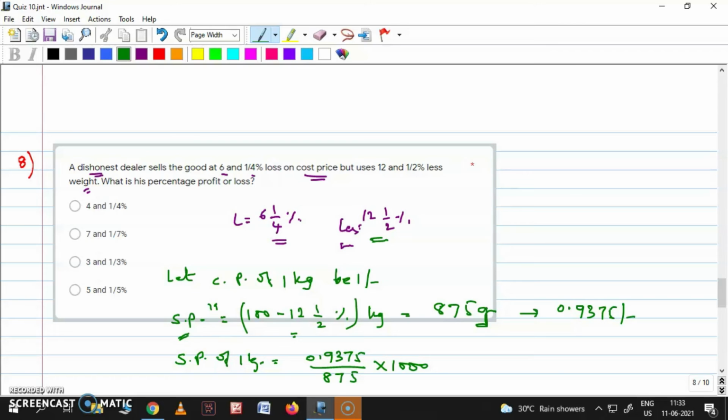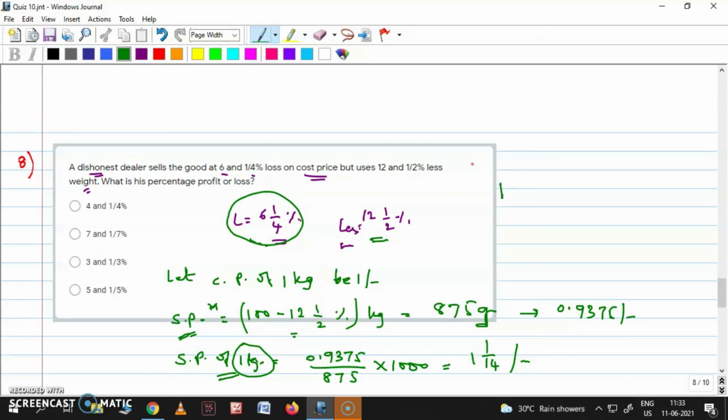This is the selling price according to this less weighted thing, but now we want it for 1 kg of weight, so that's why we have done this part. Which is equal to 1 and 1 by 14 rupees.